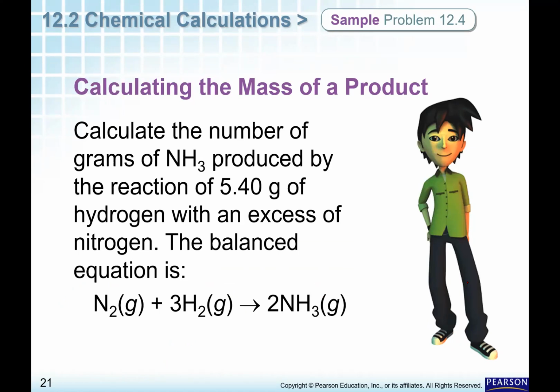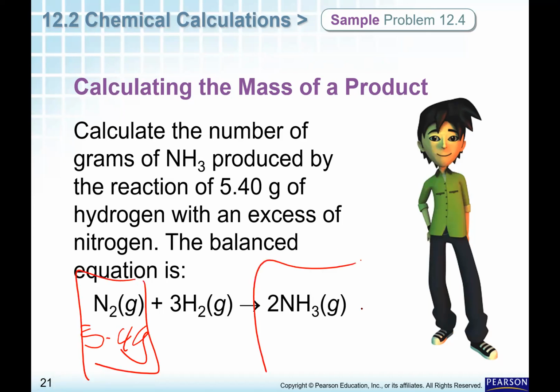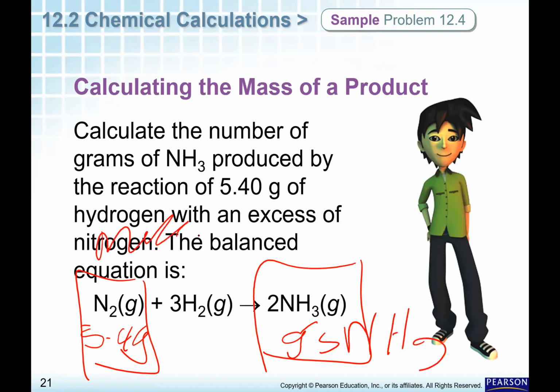When we take section 3, you will understand this better because there is something called the limiting reagent, and this means that the nitrogen is not the one to be used in the calculation. Anyways, don't worry about that for now. What is provided is 5.4 grams of hydrogen, and what is needed is to know the grams of ammonia. So this is basically a mass to mass calculation.